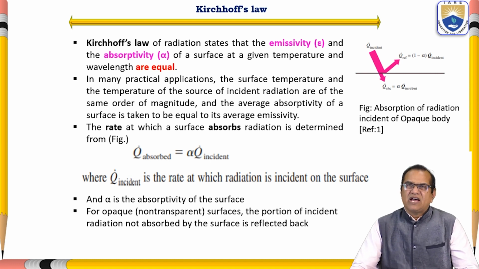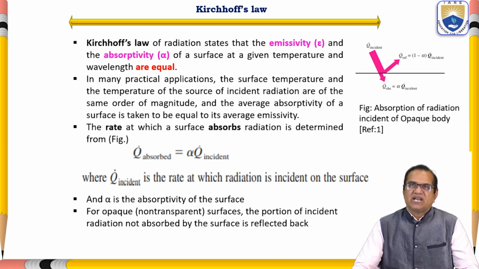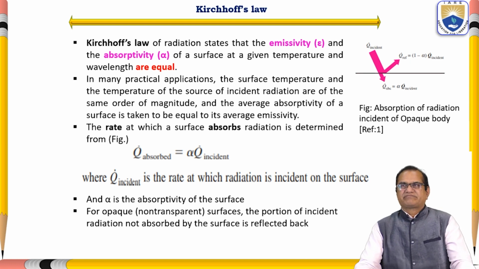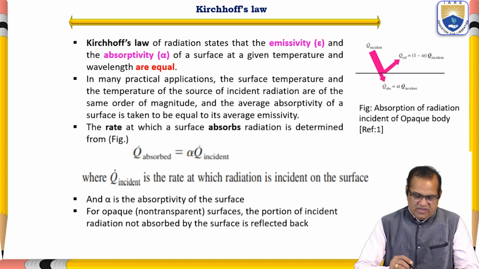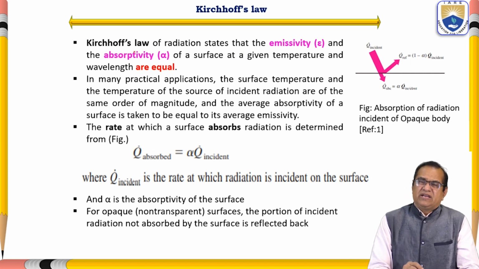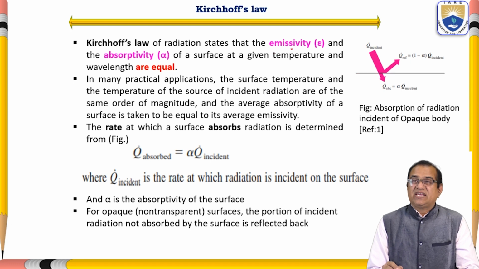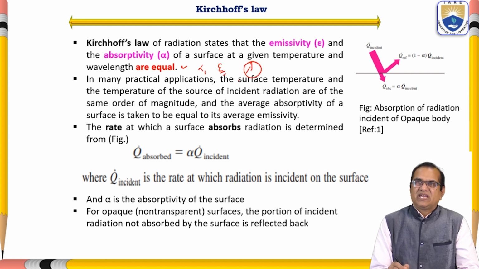Kirchhoff's law of radiation states that the emissivity epsilon and the absorptivity alpha of a surface at a given temperature and wavelength are equal. Means alpha and epsilon will be equal at the given lambda and temperature.